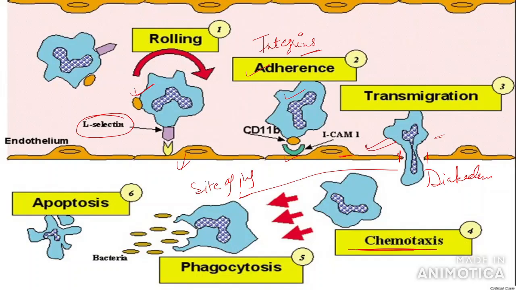Right. How does this occur? I will tell you later. After that, we have a step called phagocytosis. We all know what phagocytosis is: engulfment of any bacteria. Right. And then this macrophage is going to self-destruct through a process called apoptosis. So this is mainly rolling, adhesion, transmigration or diapedesis, chemotaxis, and phagocytosis.